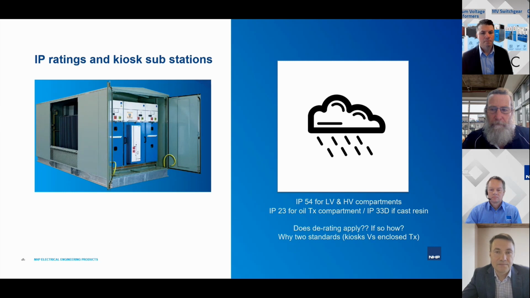For the cast resin, the standard doesn't talk about that specifically, but for the considerations we discussed before, we offer IP33D with the cast resin transformers just to minimize the impact of vermin on the transformer insulation.